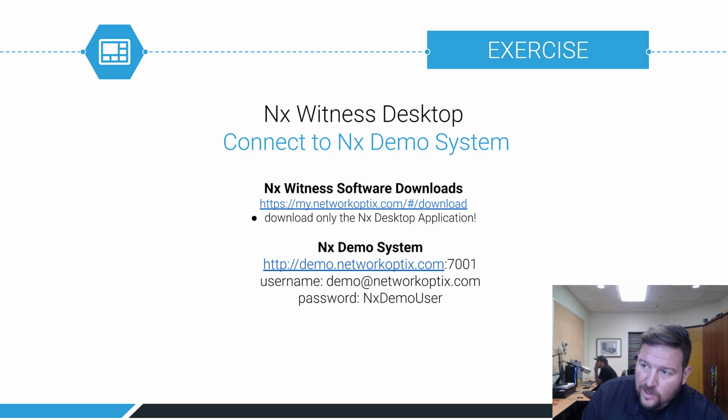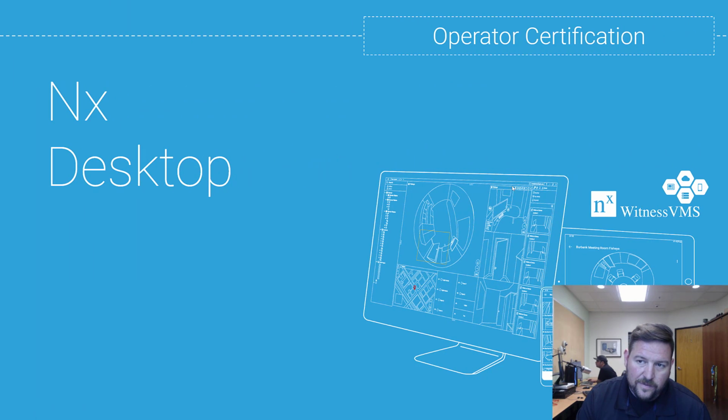So once you've done that, feel free to play around with the demo system as I'm going over the different features and see if you can find the features. If you can't find the features, we have a full set of videos online that explain the features, and of course you can go to the support portal to review the features.